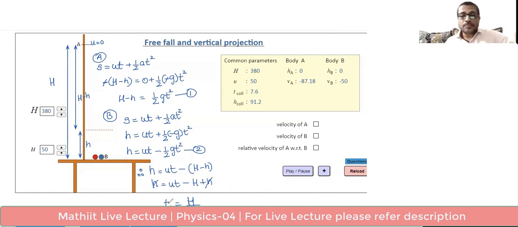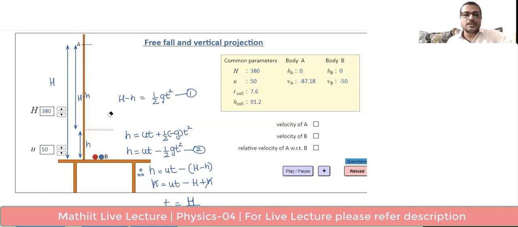So remember, T is equal to capital H by U. Out of all this, whatever equations we don't need, I'll erase that. All this is not required. We need this equation 1. Again, S is equal to UT plus half at square is not required. And this is what we get by substituting.